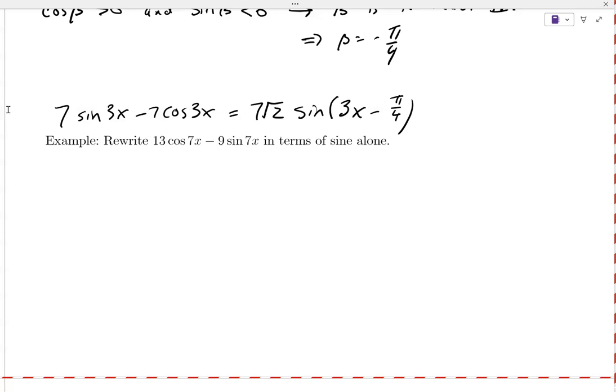Okay, first step. Notice, by the way, this is written in the opposite order. Which one's playing the role of A now? Which one's your A now? The -9, right? The A is on the sine, the B is on the cosine, the way we're doing this, right? So what is the first step?